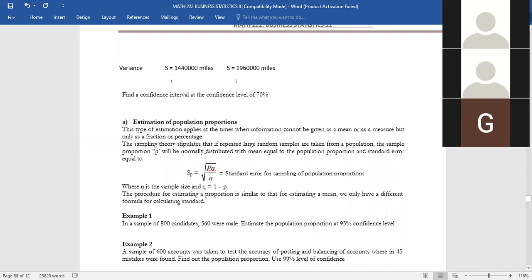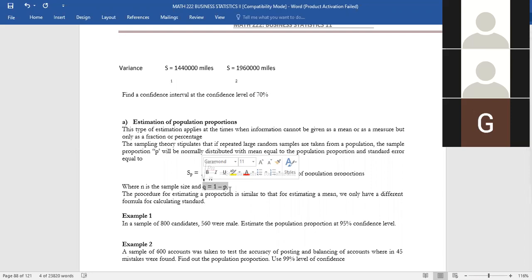So when we are talking of proportions, we are talking of probability. So numbers between 0 and 1, in fraction form. They are not whole numbers. So our standard error is given by the square root of PQ over N, and we know that P plus Q is equal to 1 for any population. So Q is equal to 1 minus P. I'm taking you back to the probability.